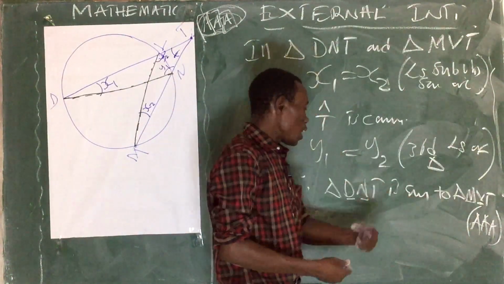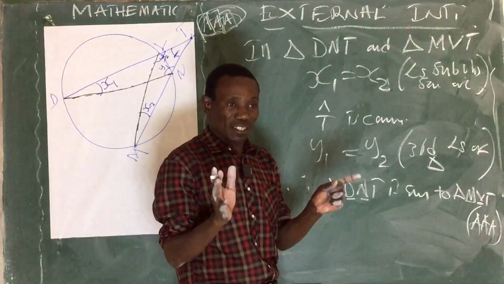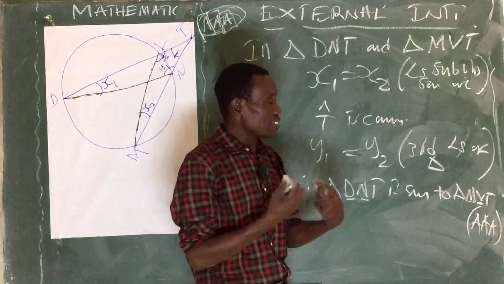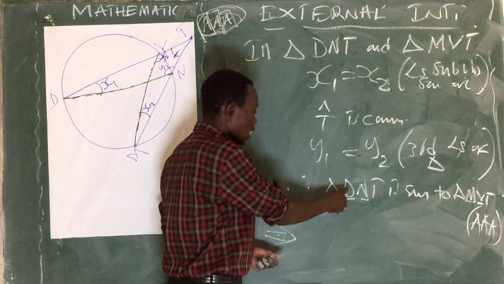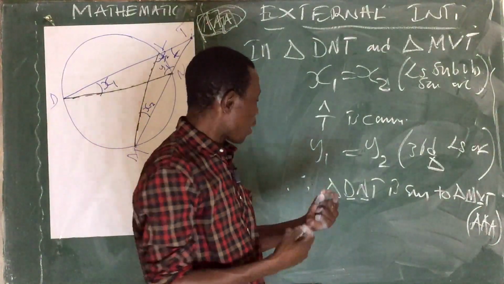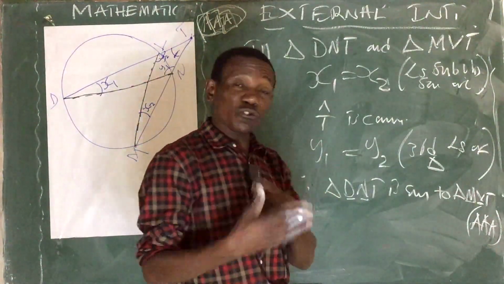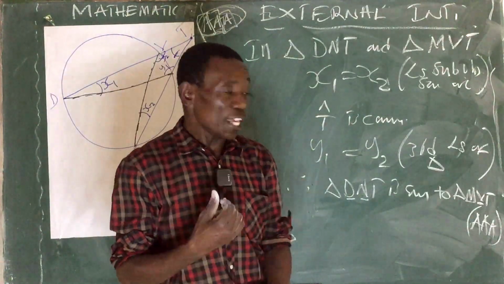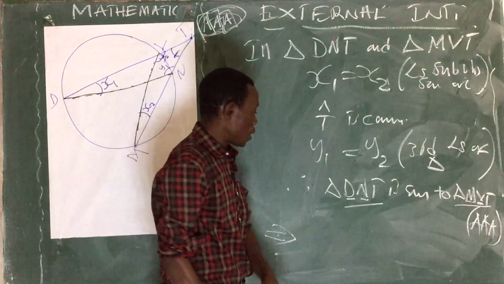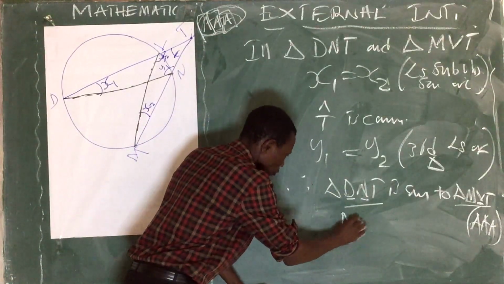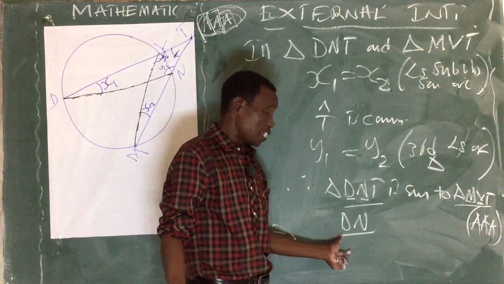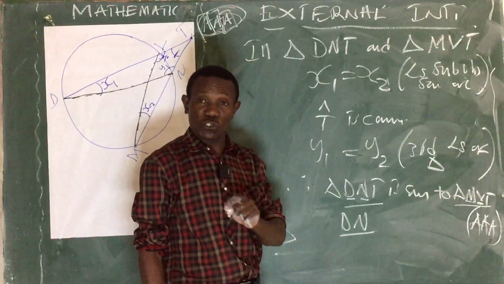So similarly, if we're going to use two letters in describing a quantity, here it means a line, just like a side. So here I'll talk of side DN. Now, in terms of ratio, the one we know about the word similarity, the ratios of corresponding sides are equal. It means in this triangle and this triangle, we have the ratios like DN to MV. You remember that from the previous video, you can follow the link down here, where I introduced the ratios.